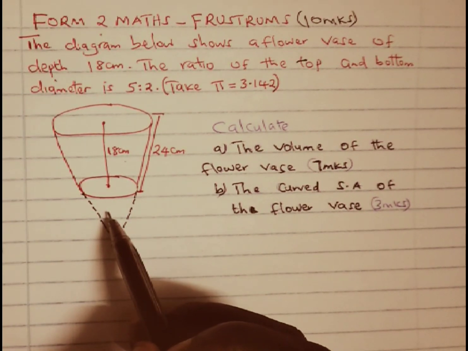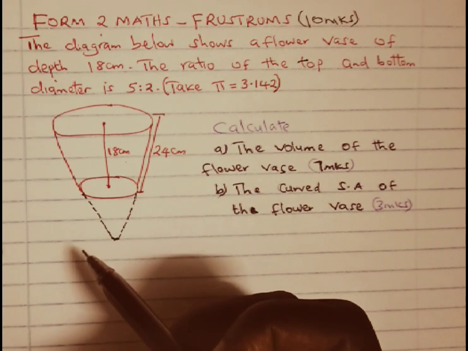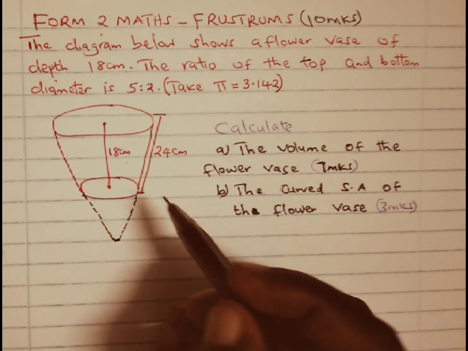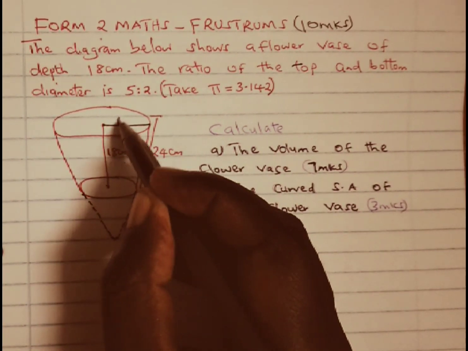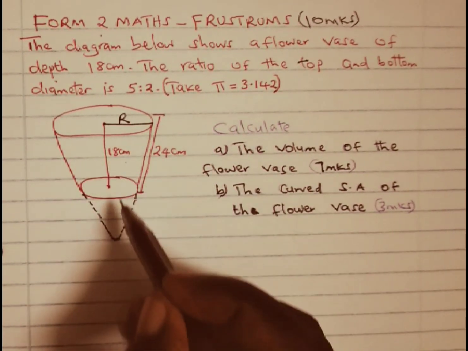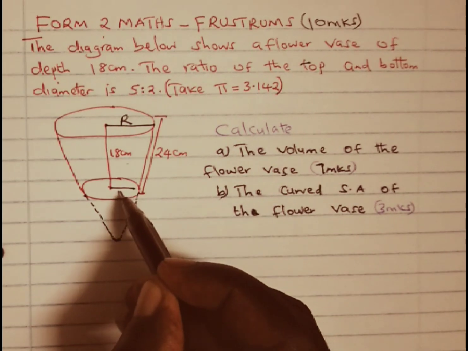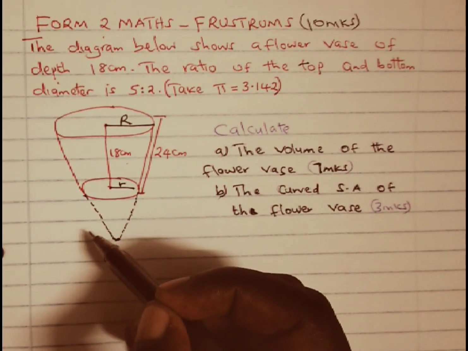Originally, this diagram was like this before it was cut off to remain with a frustum. We need to get the radius of the larger cone, and the radius of the smaller cone that was cut off.